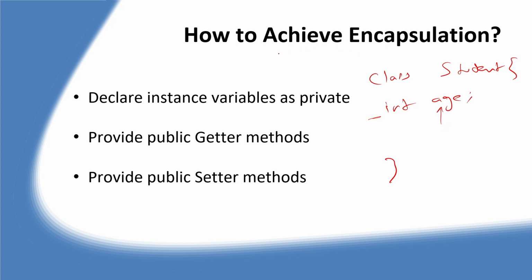Now we want to achieve encapsulation. It should be secure and in a controlled manner. So for that reason we will add private to the instance variable. That's what is written: declare the instance variable as private. We've declared it. Private means this variable can be accessed within the class only.